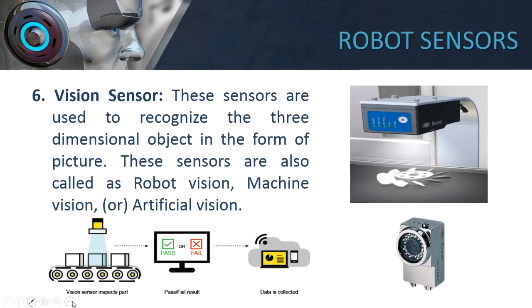What happens is, the vision sensor first inspects the part, and the signal is sent to the computer, where it is matched with the image already fed to the computer, and then it says whether the object has passed or failed, and the pass or fail data is collected and stored in the computer.